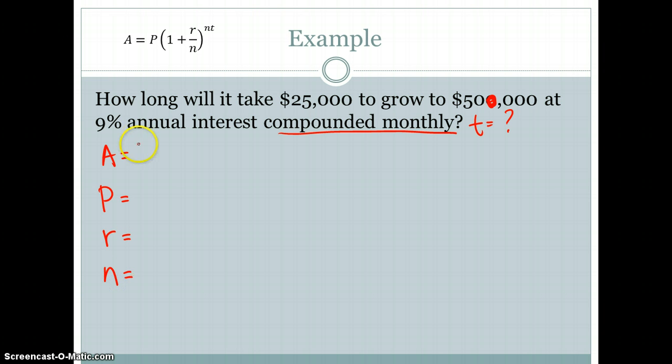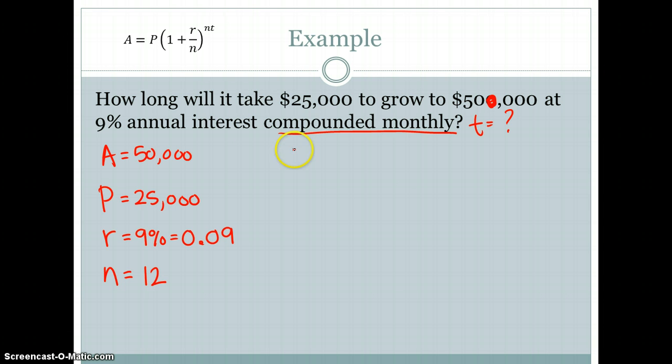A is our final amount, so that's our 50,000. P is our principal, our initial amount, so that's 25,000. r is our interest rate, so 9% or 0.09 as a decimal. And n would be how many times it's compounded each year. It says monthly, so it's 12.